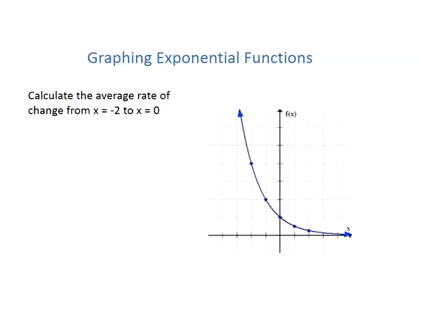All right, let's look at another graph. For this one, we have the graph of the exponential function, and we're asked to calculate the average rate of change. I want you, every time you see the words average rate of change, please change it to slope, because that's what average rate of change means, slope. It asks us to go from x equals -2 to x equals 0. So find those points.